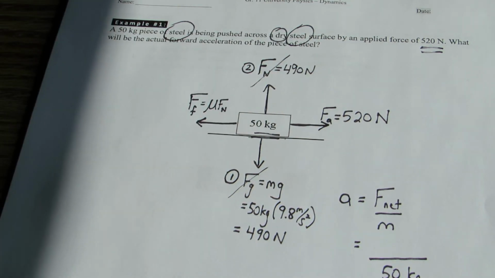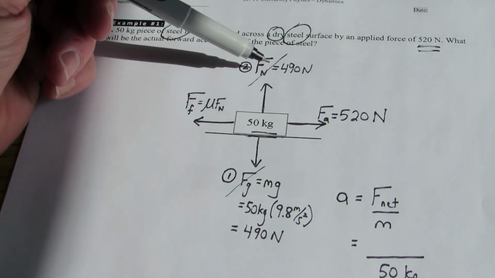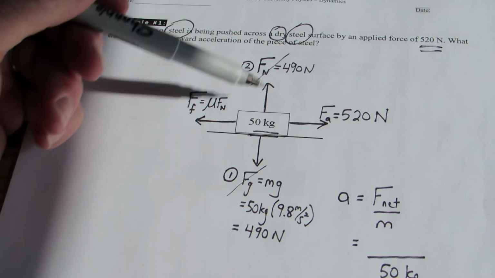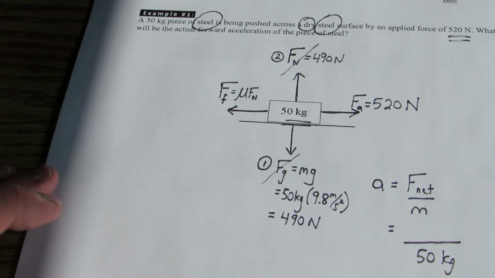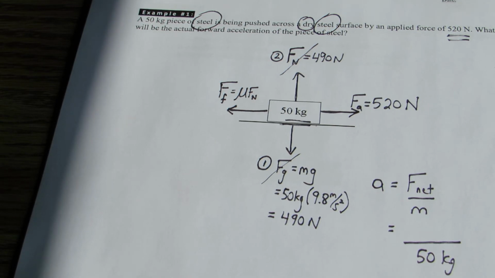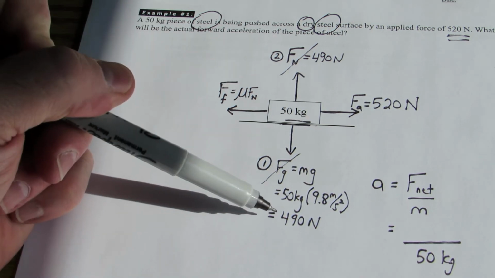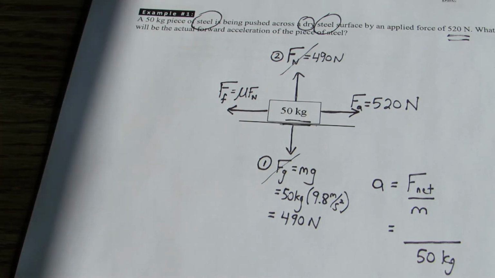That may sound like a frivolous step, but in grade 12, normal force isn't always going to have the same value as gravity. So it's going to get more complicated next year if you continue on in this subject. But for now, calculate the force of gravity and you can transfer that number to the normal force.